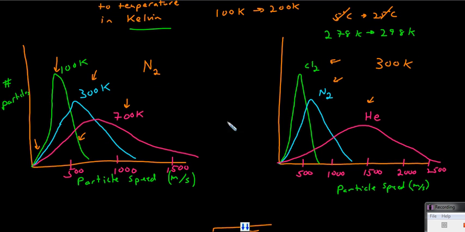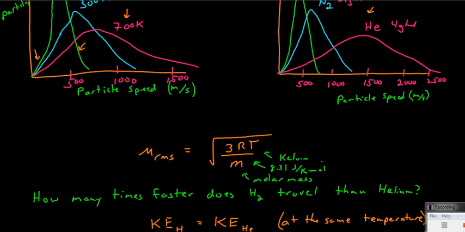You see that chlorine, which has a molar mass of 71 grams per mole, has a relatively low speed compared to nitrogen, which has a molar mass of 28 grams per mole, which is relatively slow compared to helium, which has a molar mass of 4 grams per mole. Overall, we can see that as we increase the mass, we decrease the speed of our particles.